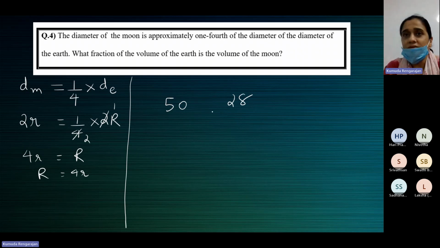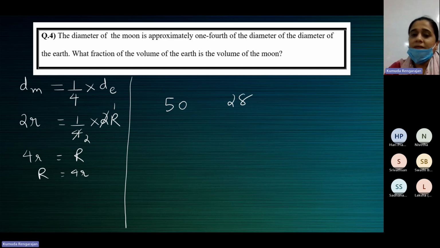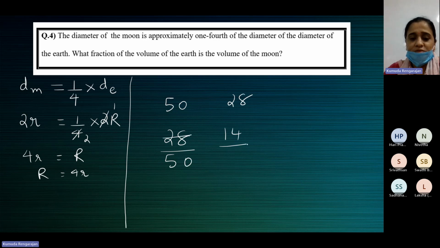Girls is like moon here, and class is like Earth, because class is the full thing. The number of girls will be less than the total strength of the class. So if you're asked to find the fraction of the class that are girls, what will you do? 28 girls out of 50 students. So 14 times 2. So 14 by 25 is the fraction.